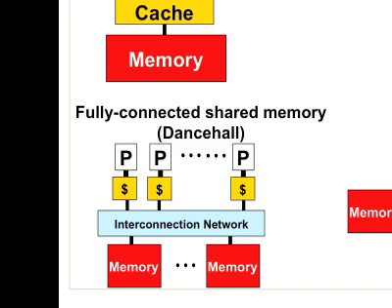The figure on the bottom right is the distributed shared memory. The difference between this one and the fully connected shared memory is that the memory units are actually connected to the processor and its private cache before being connected to the interconnection network.